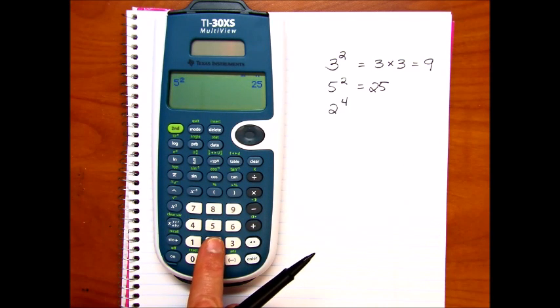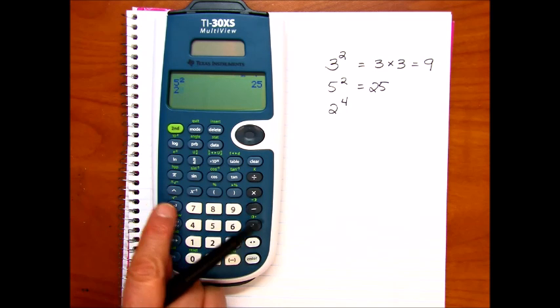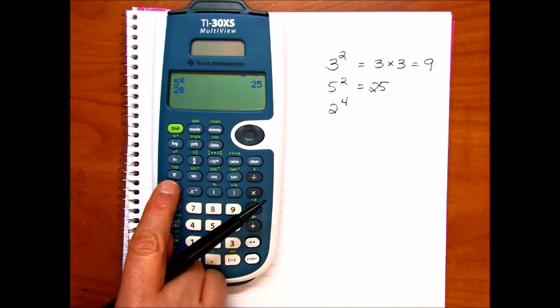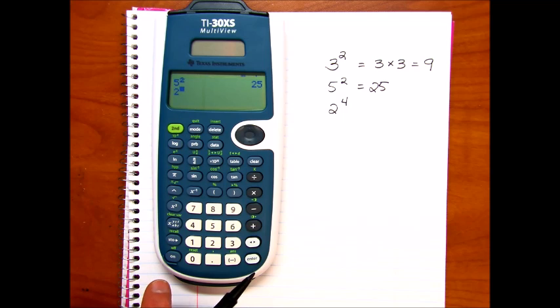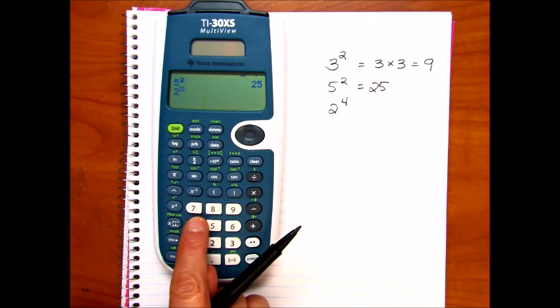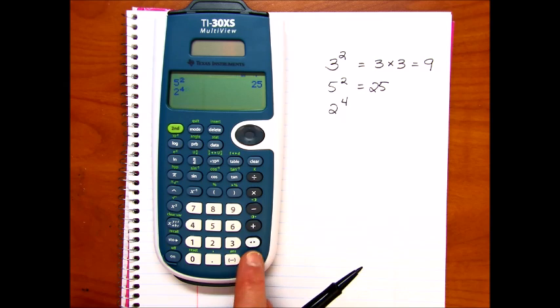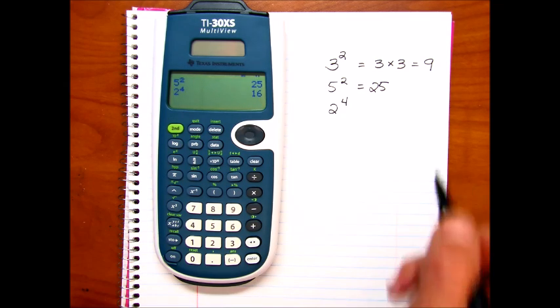We hit the 2, that's our base, and again we're not going to hit the X2, we're going to go above and hit that caret, and that creates a box where you can then insert your exponent, which will be 4. Hit enter and we get 16.